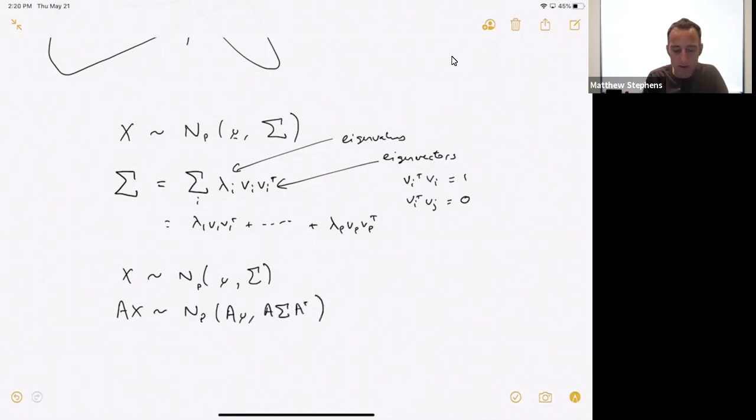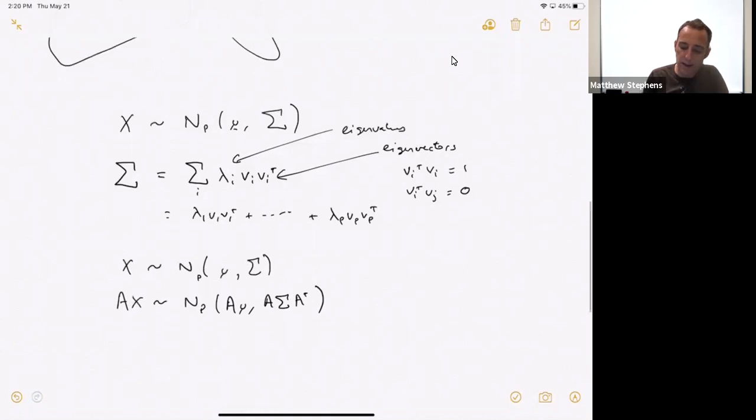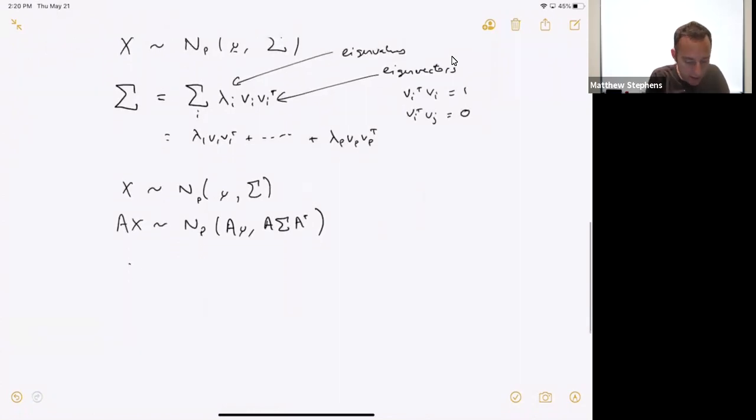That's just a general result for the multivariate normal. So let's now take Z to be independent normals with mean 0 and identity covariance.